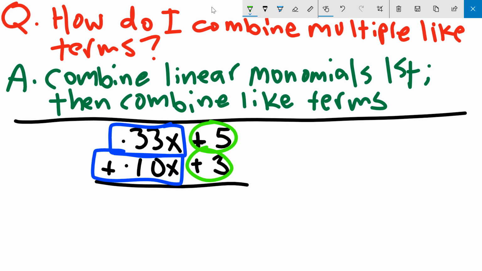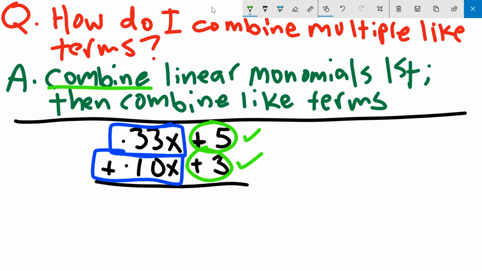I'm going to take this guy and this guy, and I'm going to add them. Because they're circled, they're positives. These are positive signs. So positive 5 plus, we're just going to add them together. That's what combining like terms is.